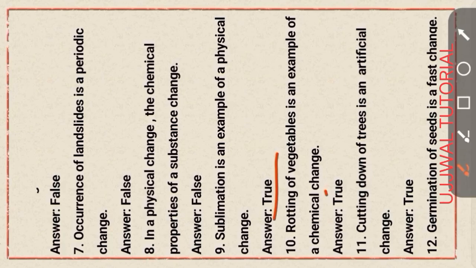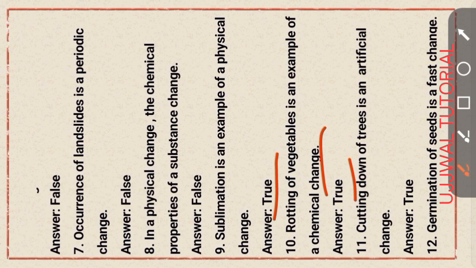Next question. Rotting of vegetables is an example of a chemical change, also an undesirable change, also an irreversible change. This statement is true. Next question. Cutting down of a tree is an artificial change, that is created by human activity.